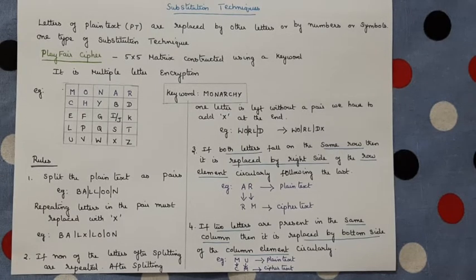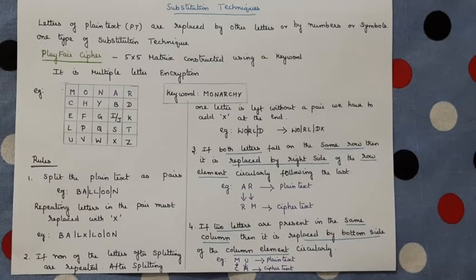The playfair cipher is a multiple letter encryption cipher, so it encrypts multiple letters at a time. In the playfair cipher, you will be given a keyword. You take that keyword and construct a 5x5 matrix.